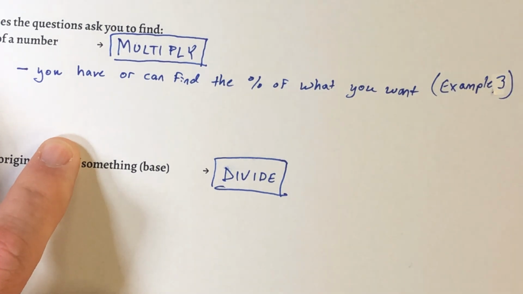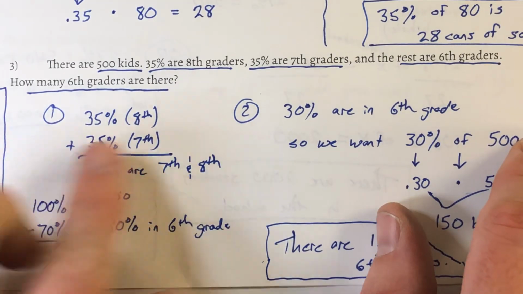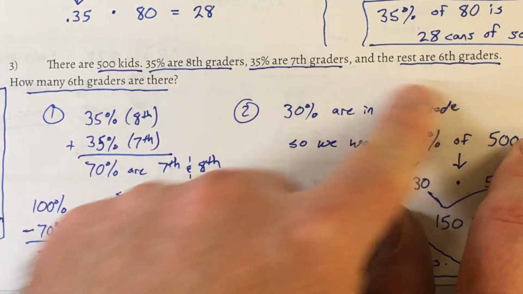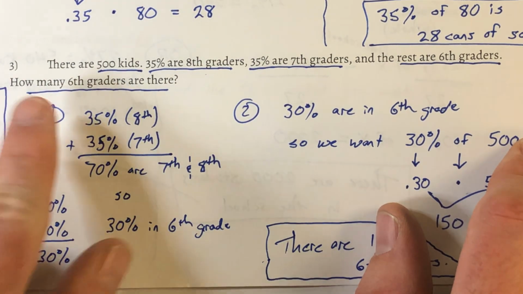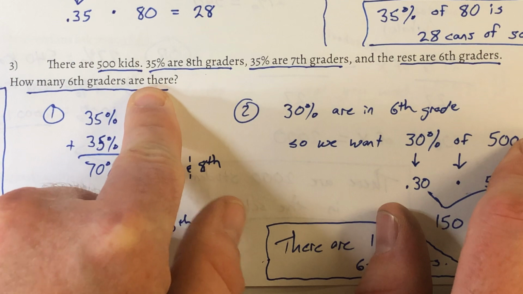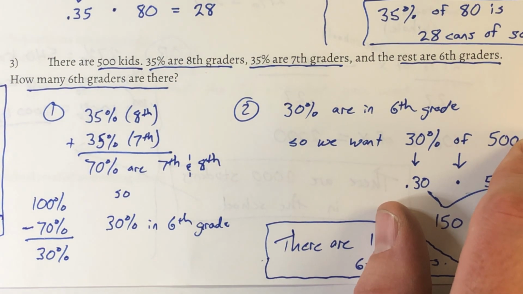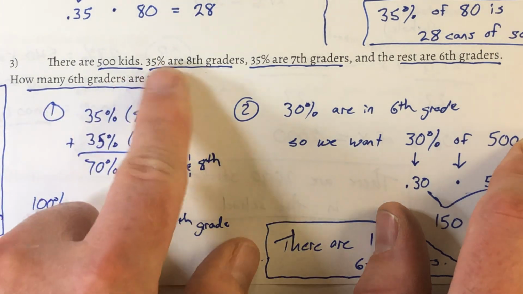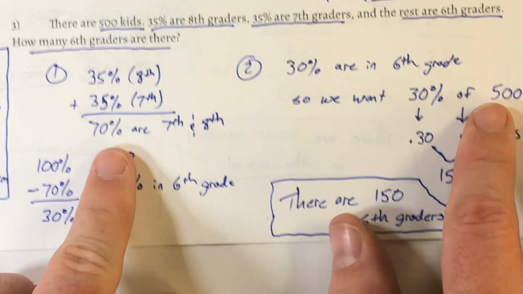So let's look at example 3 real quick. This word problem right here, it didn't say find a base. It didn't say find a percent of a number. We had to figure it out. So the question said, how many 6th graders are there? Well, I would ask, can I find the percent of 6th graders? Well, if 35% are 8th, 35% are 7th, I would add them up, subtract them from 100.